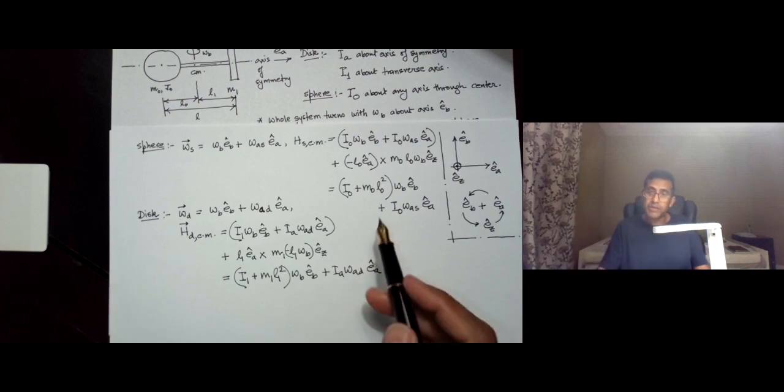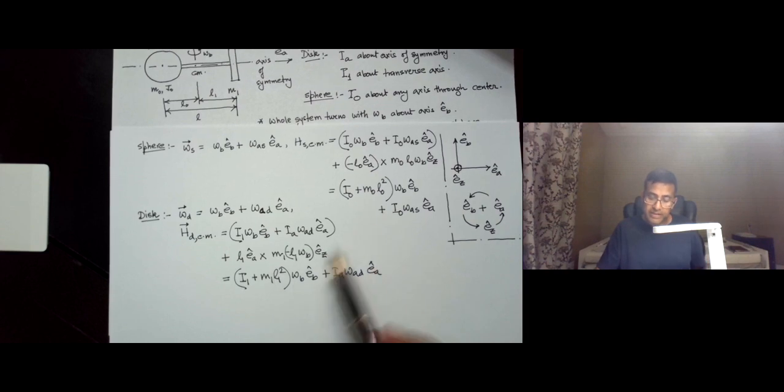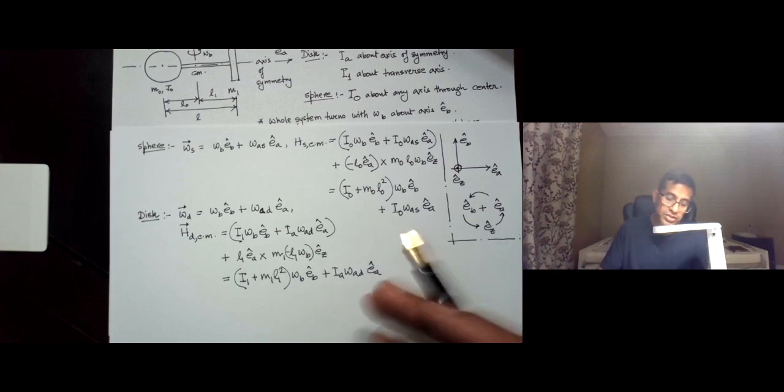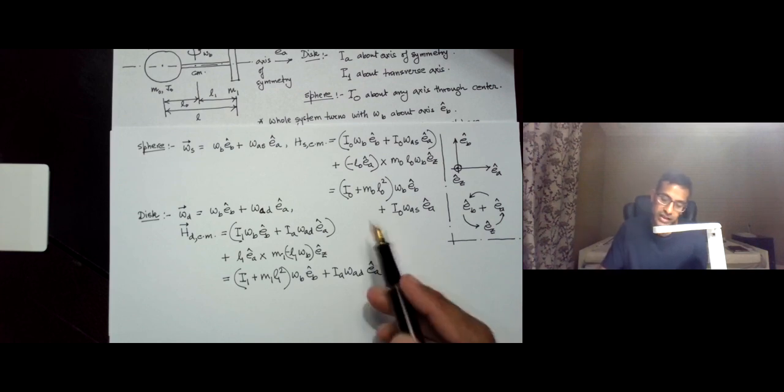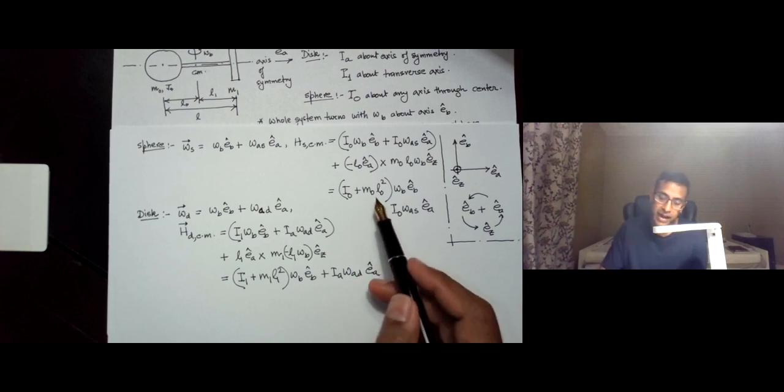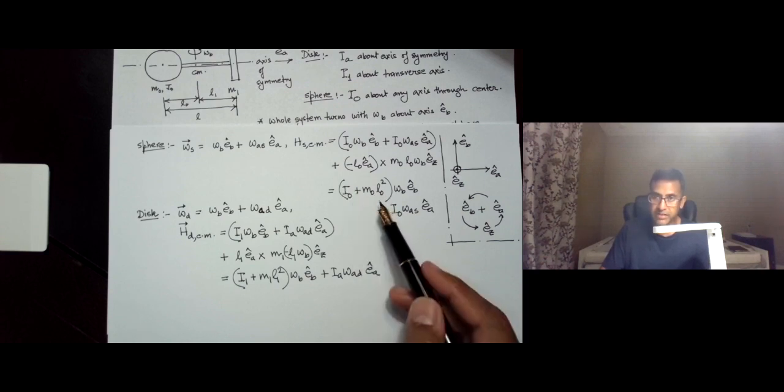A couple of things you can note between this and this: as we are taking a very structured approach to find the angular momentum, we are getting the parallel axis theorem happening quite naturally. So here what you see is the parallel axis theorem essentially.